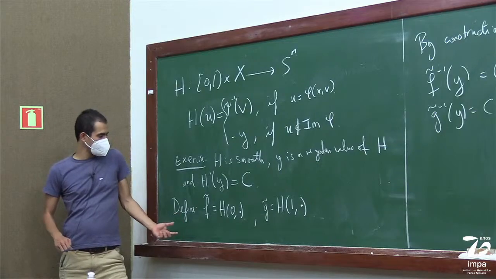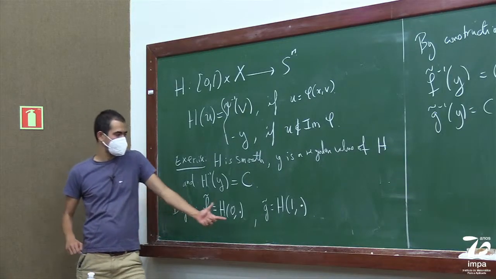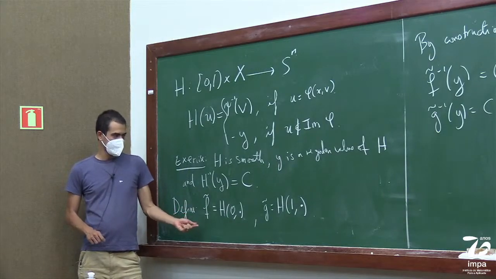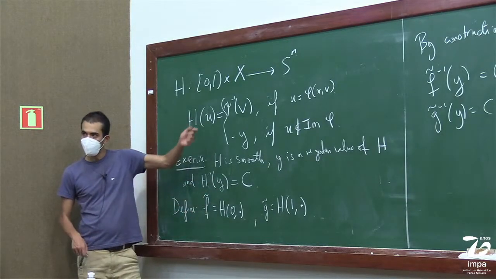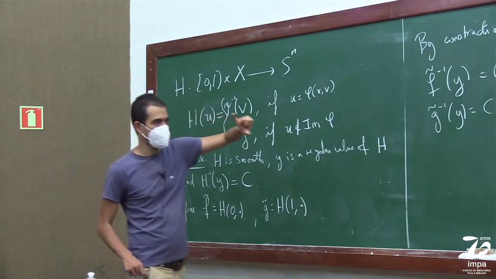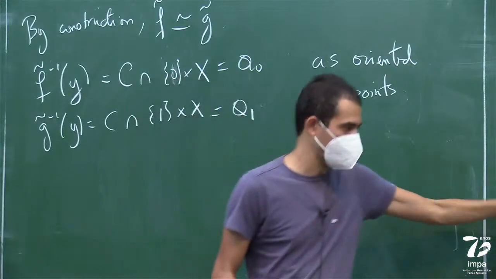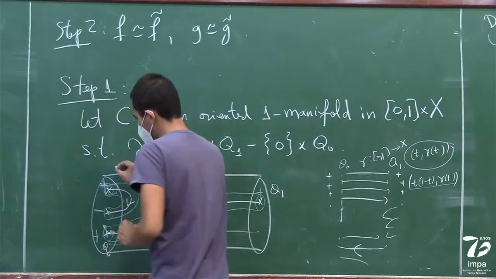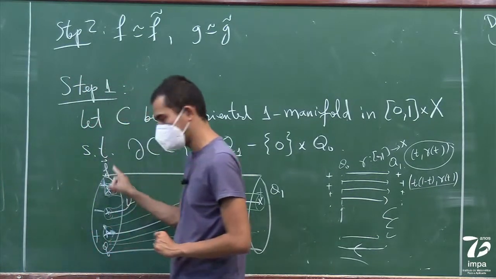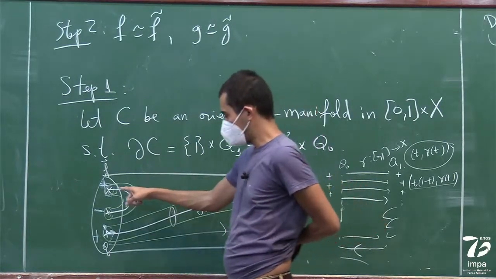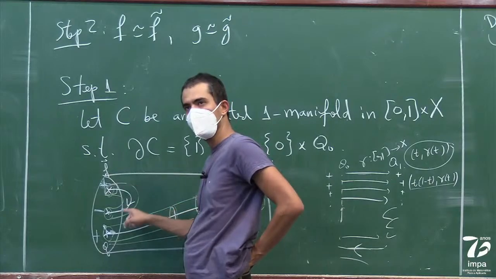So when you look at the preimage of y by f tilde, you get these points that are on the 0 times X slice, but then they come with exactly the signs that they were given before. Like in this particular picture here, f tilde is this function restricted here, and g tilde is the function restricted here, and when you take the preimage of y, you're going to get exactly the intersection of C with this slice.